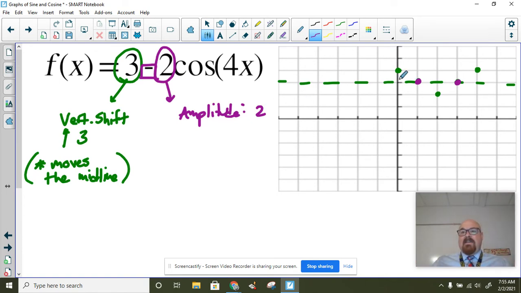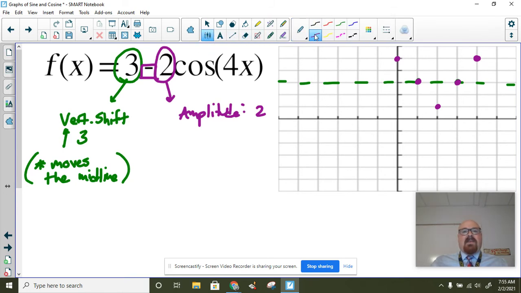So right now, that distance between the midline and this maximum is 1. When we increase the amplitude to 2, this point is going to move up to a distance of 2 units away from the midline. This point's going to move down to a distance of 2. This point's going to move up. So I'm going to come through here like a surgeon and just take out these pieces right here. So now we're looking at a wave with critical points right here.